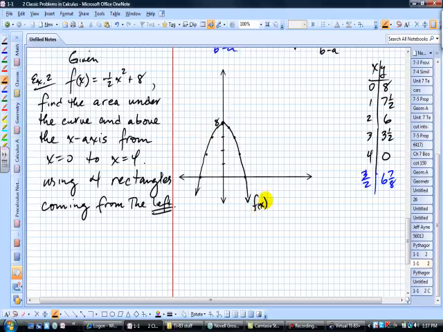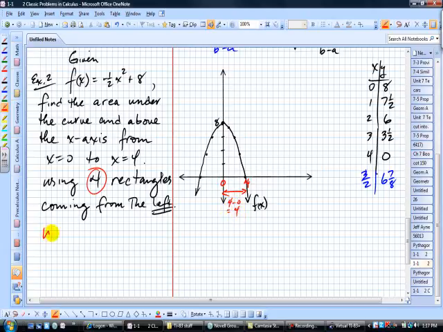There's your function. And we want to approximate the area underneath the curve, from the x-axis, from 0 to 4. So 0 is here, and 4 is right here. And we want to use 4 rectangles coming from the left. So the first thing we do is we calculate the interval. The interval is found by taking 4 minus 0, which is obviously 4.